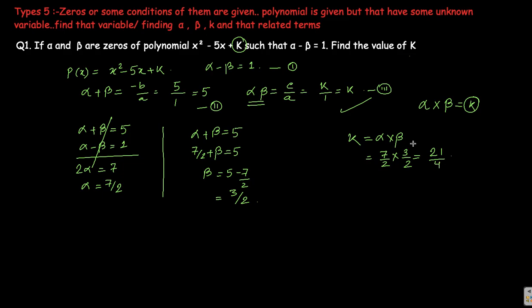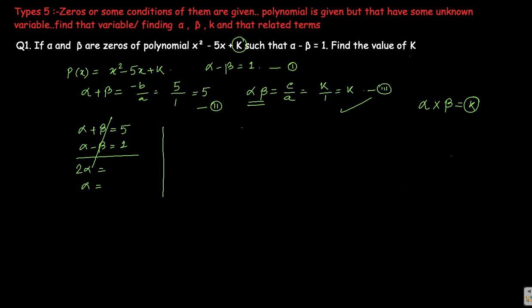I think we have made a mistake here. It is 1, so it becomes 6. Sorry, we have a mistake. You follow the rule; I can make a mistake, but you cannot make a mistake in your board exam. So 2 alpha becomes 6, then alpha becomes 3.